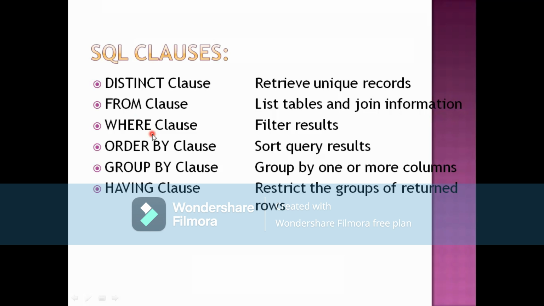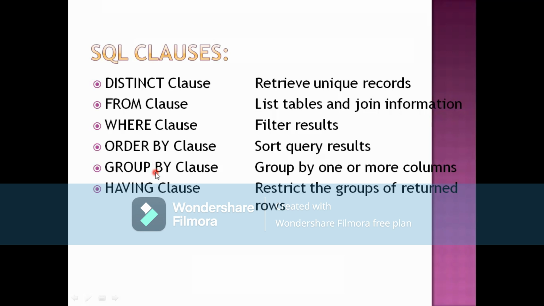Next one is the order by clause. Order by means we can order the data in ascending order or descending order. That means sorting the data in ascending or descending order. Next one is the group by clause. What is the group by clause? In this group by clause, we can group by one or more columns.